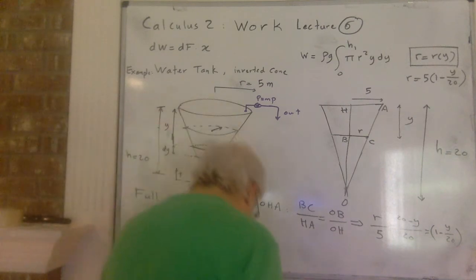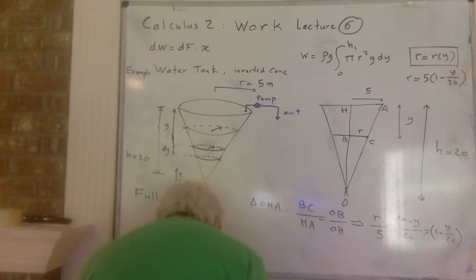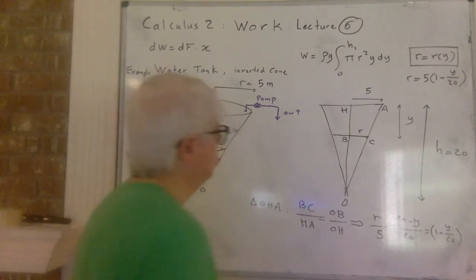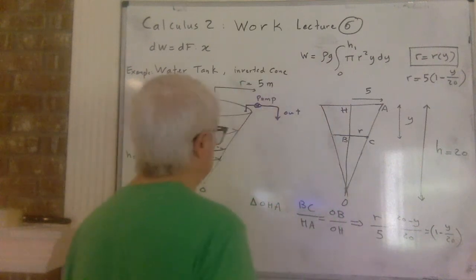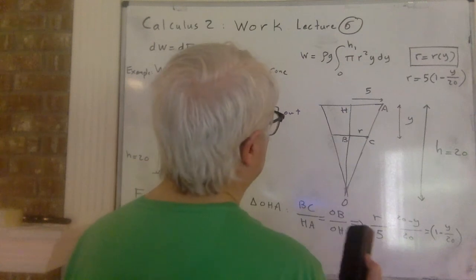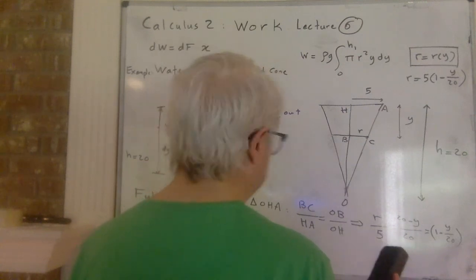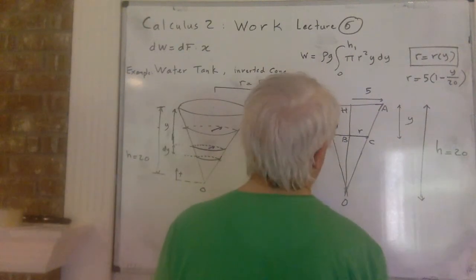And well, rho g in SI units is 1000. Anyway, let's find some space here to write the integral.